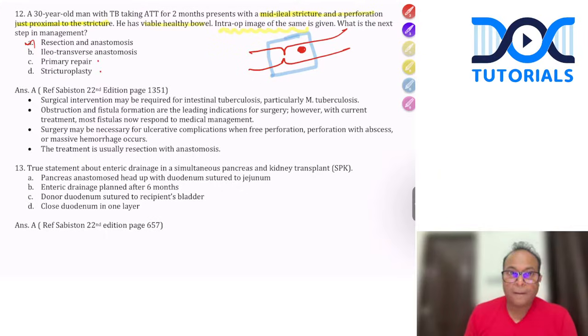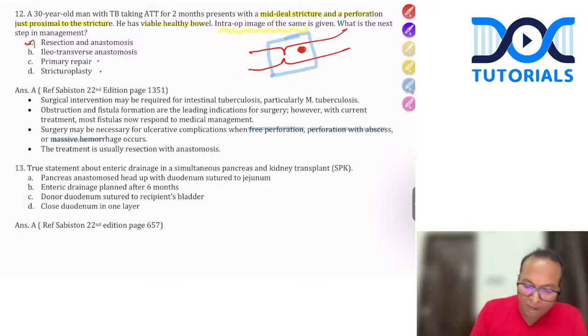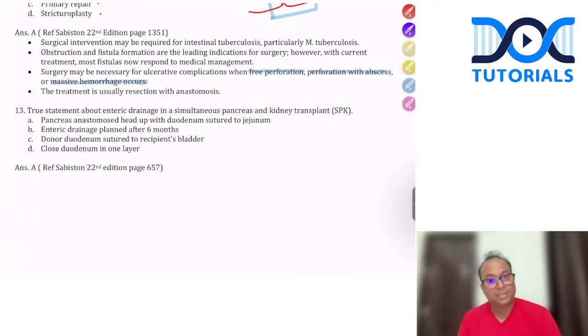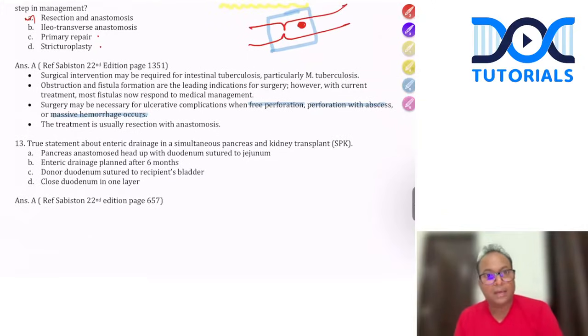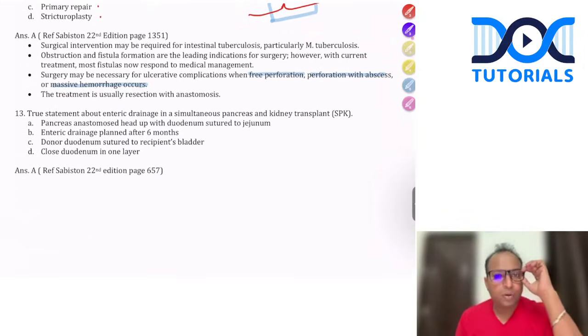Obstruction and fistula formation are leading indications of surgery. However, with current treatment, most fistulas will respond to medical management. Surgery may be necessary for complications like pre-perforation, perforation with abscess, or massive hemorrhage, and in those cases resection and anastomosis are done. This is a direct line from Sabiston 22nd edition.